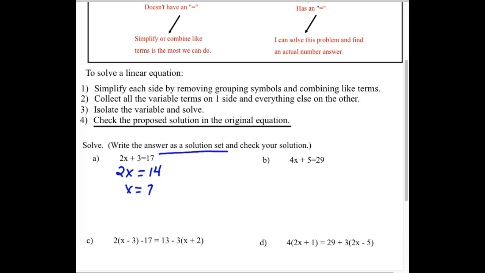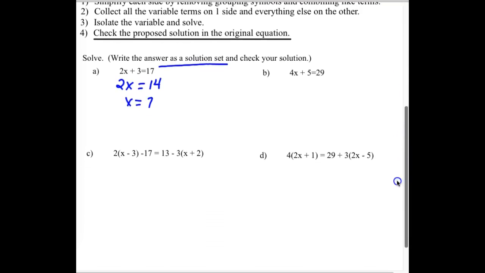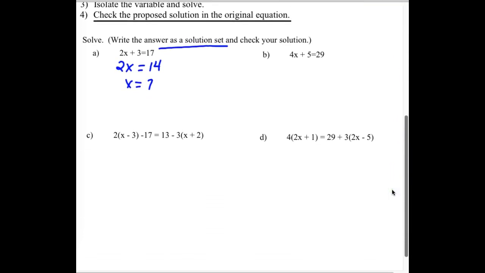Notice here, it says to put your answer as a solution set. For these first few questions, we're going to get just a single answer. So it might seem like, why can't we just write it as x equals 7? But we are going to be solving things where we might get more than one answer. So we typically put it in set notation with those set brackets.